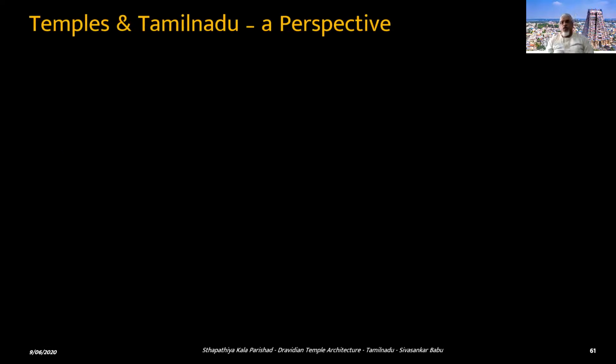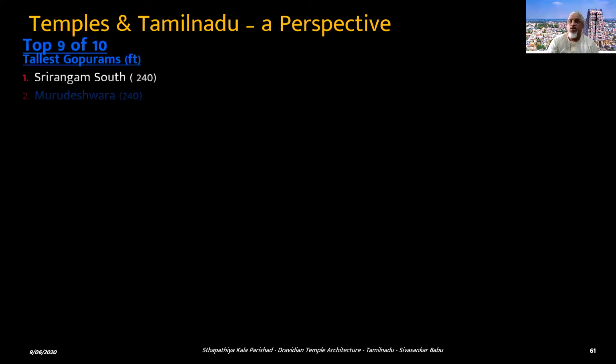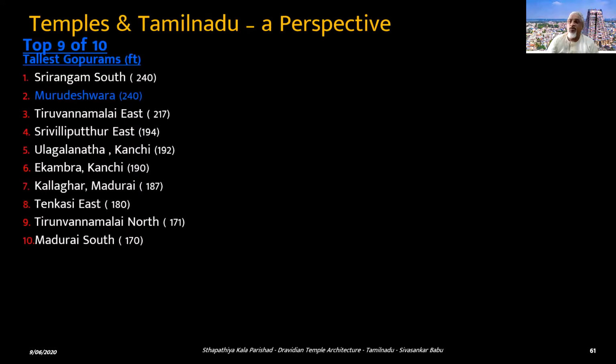Before going into the actual temple structure part, let us see why Tamil Nadu is being touted as a temple area and known for its temples. Let us see the facts. In terms of quality of the temples, the grand ones, the top 9 out of 10 tallest gopurams in India are in Tamil Nadu.